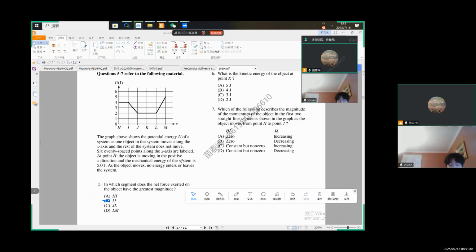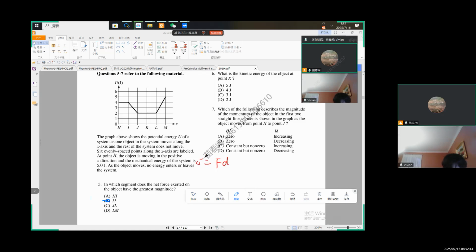It's because it's steep, right? Yeah. And this is the potential energy, so lower means more kinetic. So I guess the delta E, which is the work, equals F times D, right?